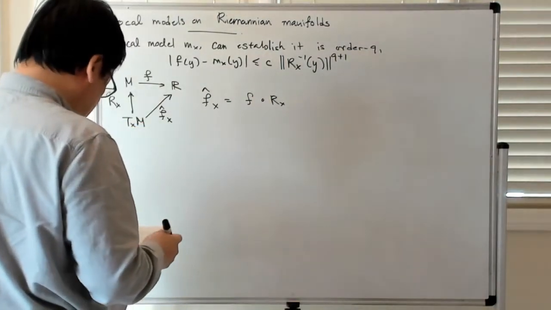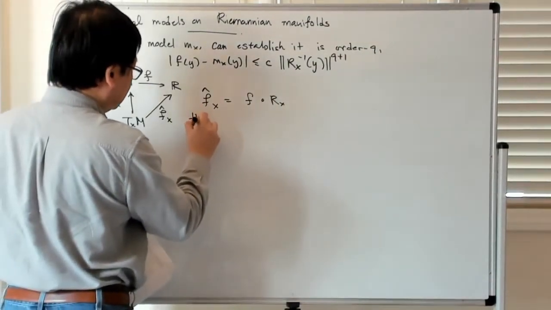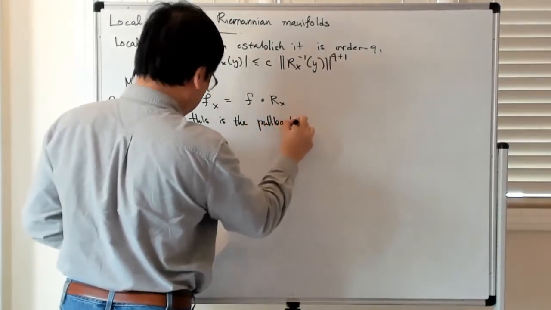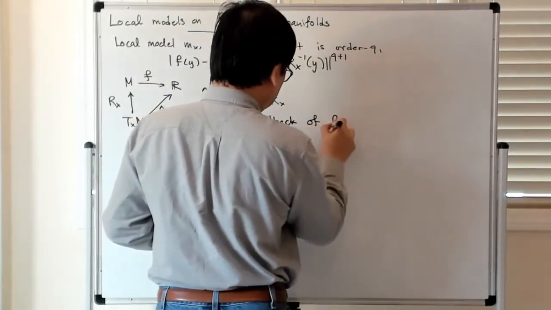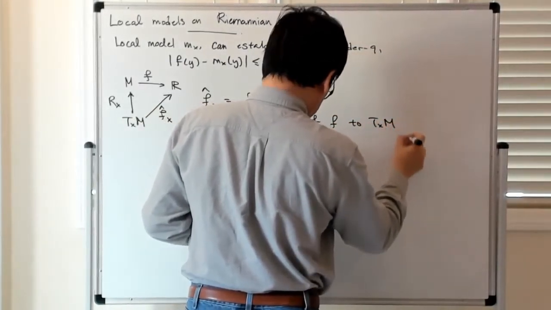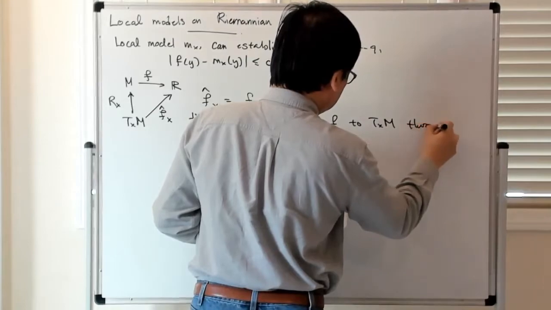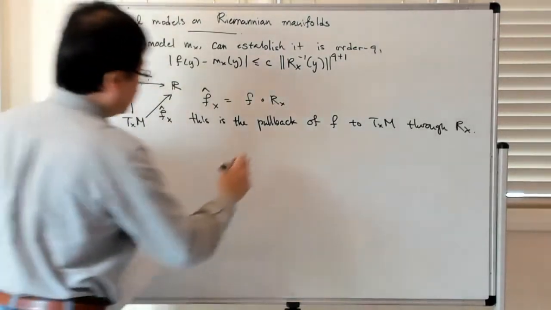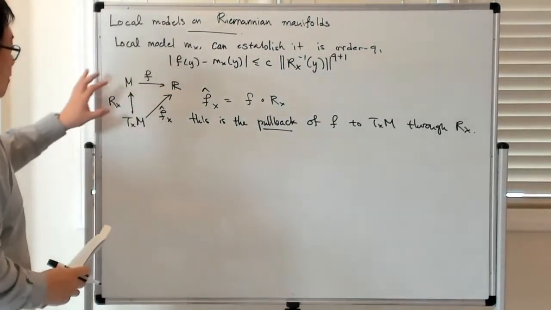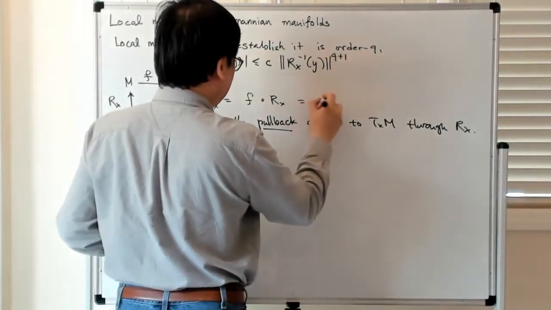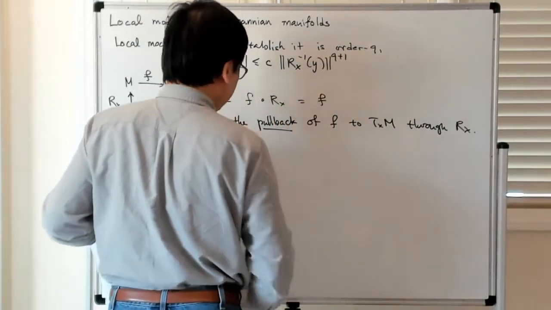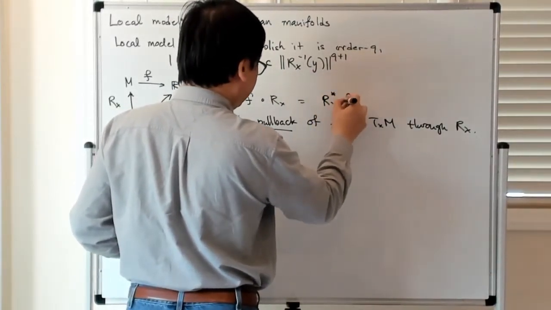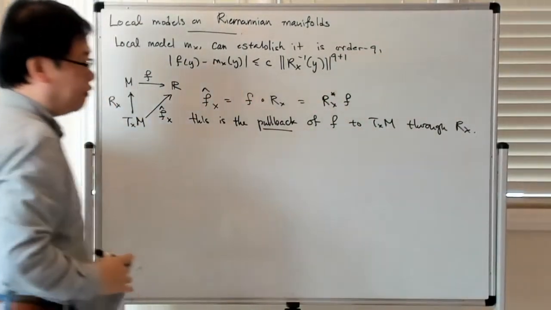Essentially this is the pullback of f to T_xM through this map R_x. That's oftentimes denoted by R_x star f. So this is the pullback of f by R_x.